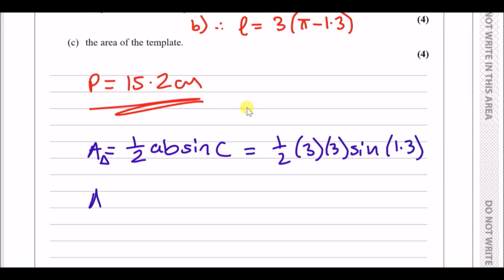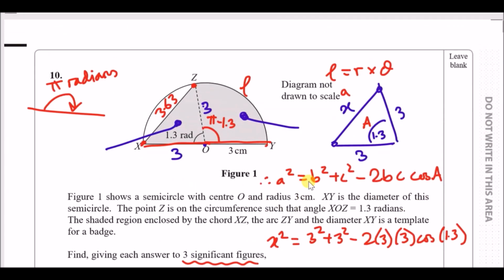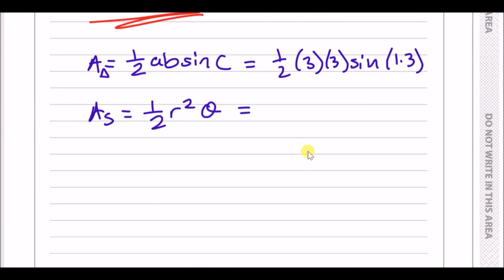And now the area of a sector is always going to be half r squared theta, where theta is the angle and r is the radius. Looking at our sector here, our sector is this bit. We can see that the angle we found before was pi minus 1.3, and the radius is 3. So it's going to be half times 3 squared times pi minus 1.3.